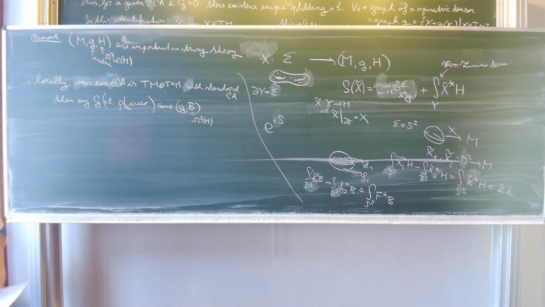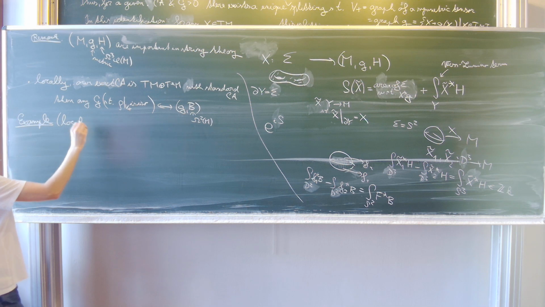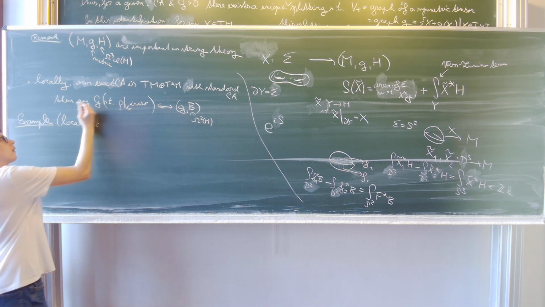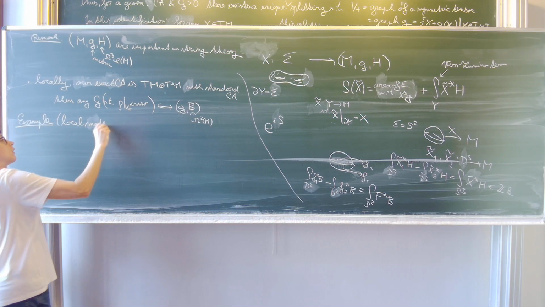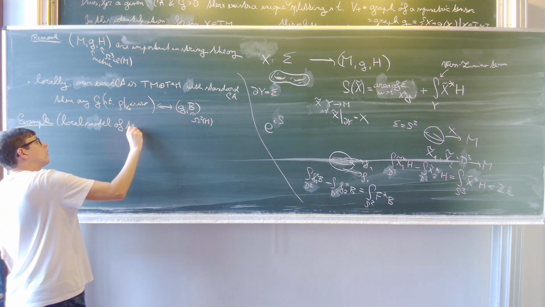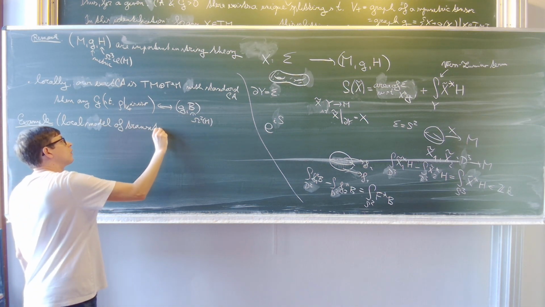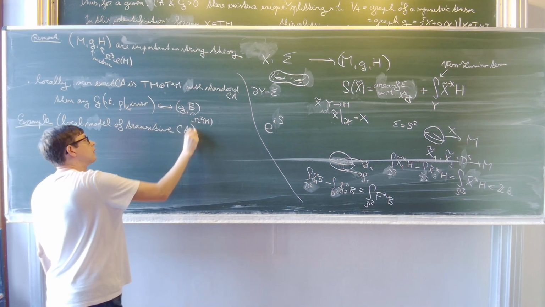Anyway, the reason I put this is that now I want to make the second last example. If you remember, we discussed how an exact current algebra looks globally, and then we discussed this transitive current algebra as well. So, the local model of a transitive algebra.